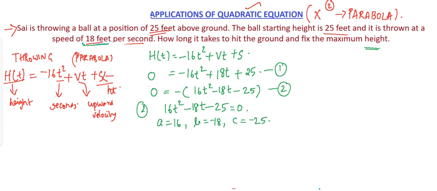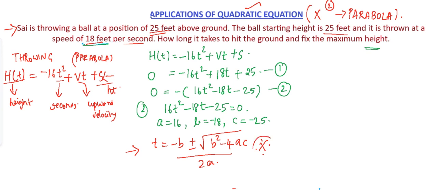The formula to find the factors is t is equal to minus b plus or minus square root of b square minus 4ac, divided by 2a. Again, in another part of my video, I have shown you how we have got this formula. This is a very important formula, the quadratic formula, which is used universally to find the factors.